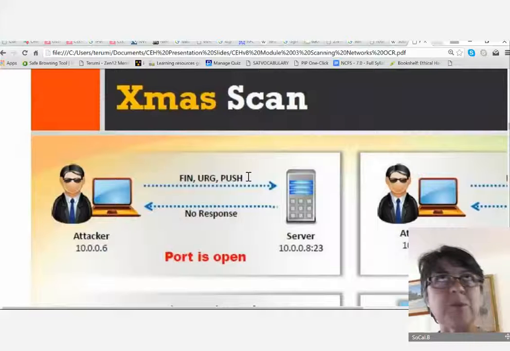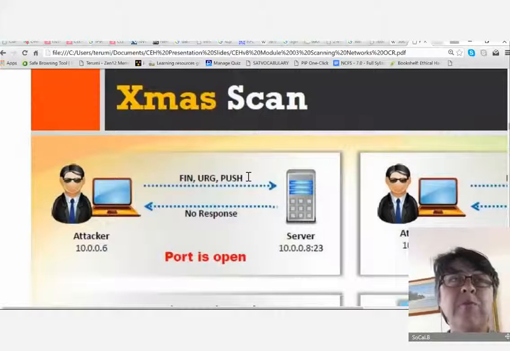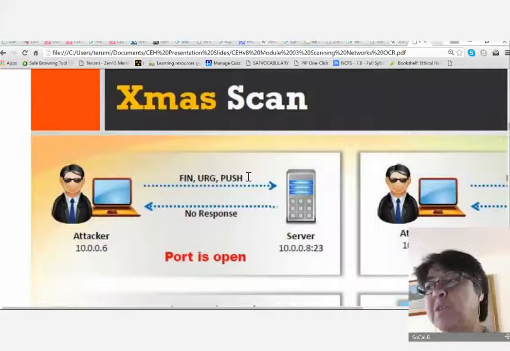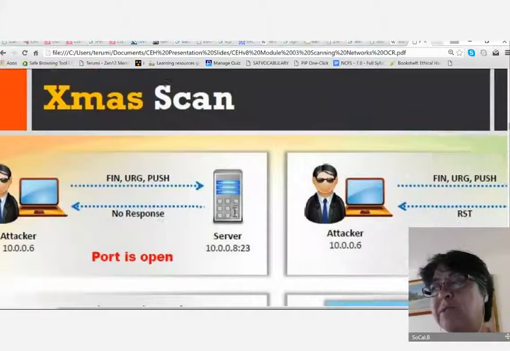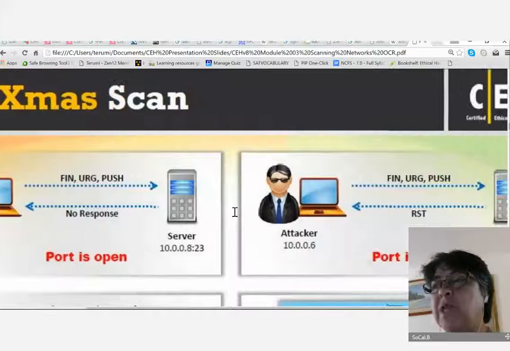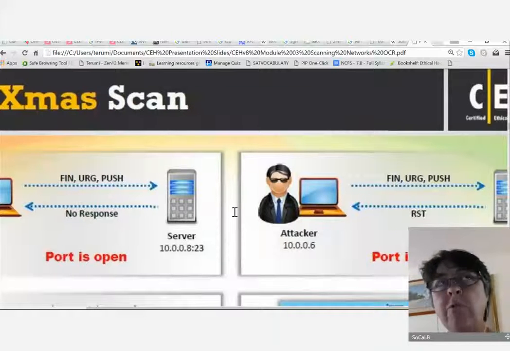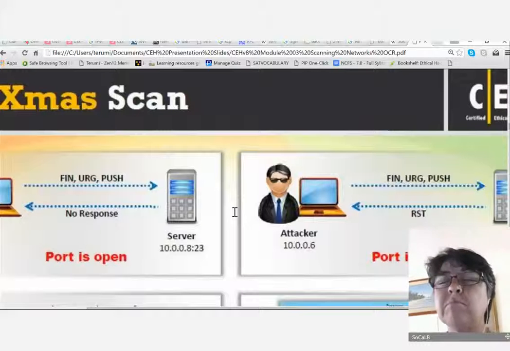You're supposed to send me a SYN first. But it didn't. The only thing it got was FIN, URG, PUSH. So it doesn't make sense. Under the RFC, the server doesn't have to respond to this, so it doesn't. But if the port is closed, it's going to send a reset. So the scanner knows that when you send FIN, URG, PUSH, if there's no response, then the port is open. If you get a reset, the port is closed.